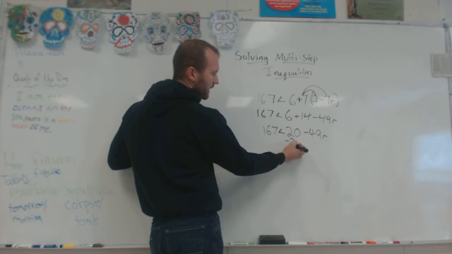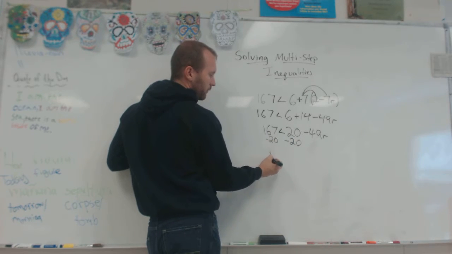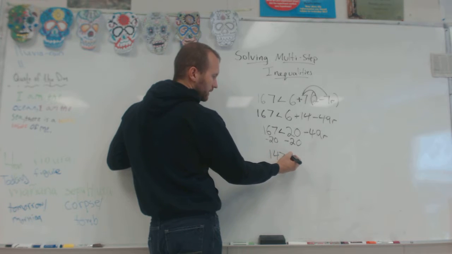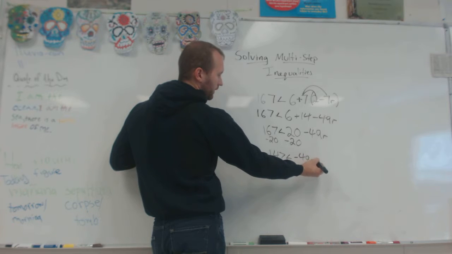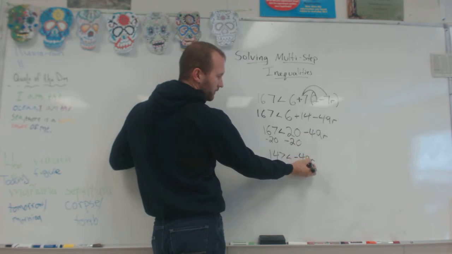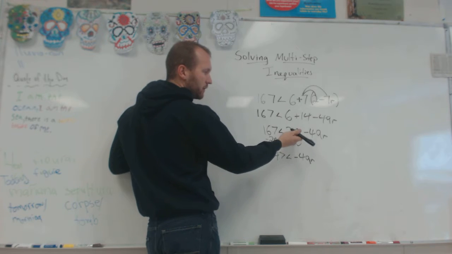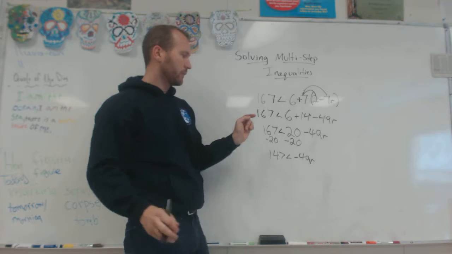The opposite of that is minus 20. So I have 147 is less than negative 49r. You just have to remember that that minus sign now turns into a negative, because it's like 0 now, minus 49r, which is negative 49r.